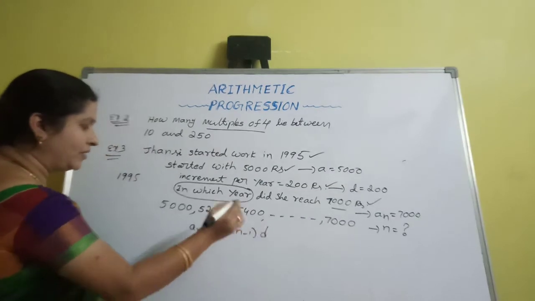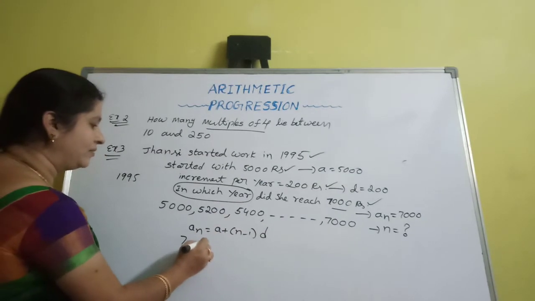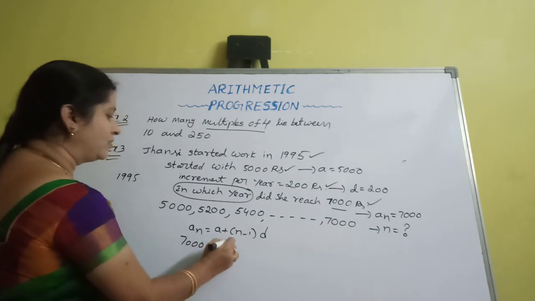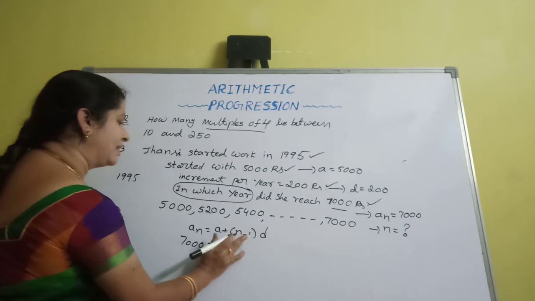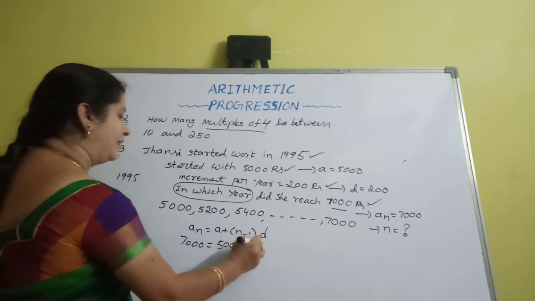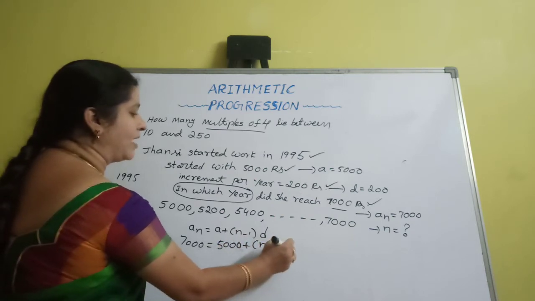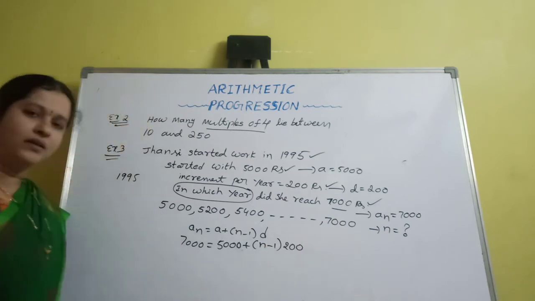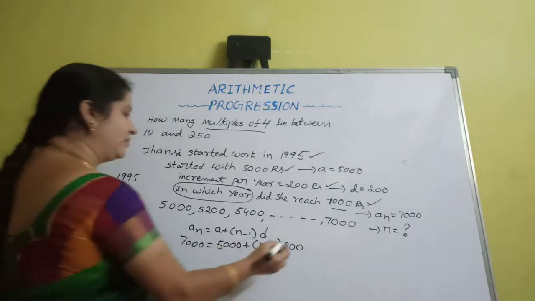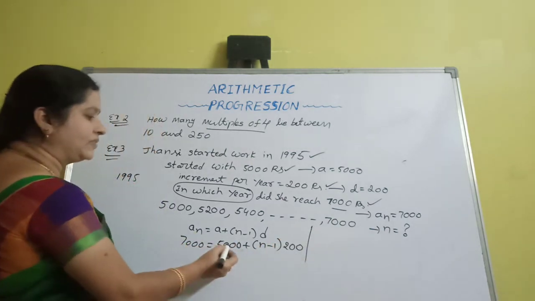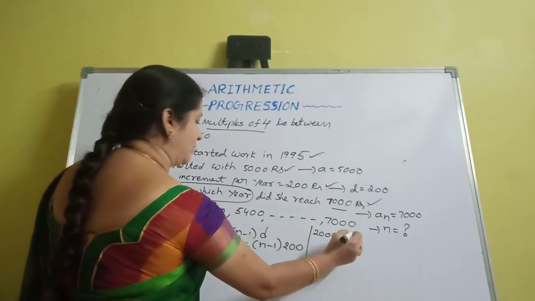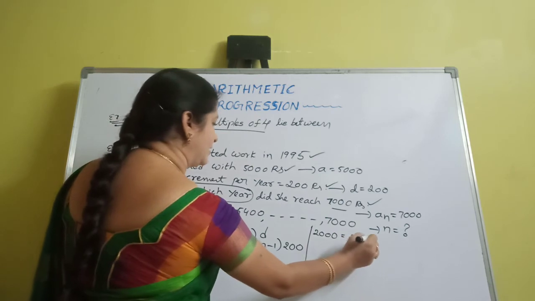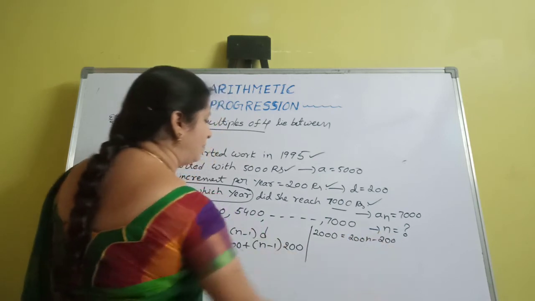So an equal to 7,000 rupees equal to first term 5,000 plus n minus 1 into d value 200. Simplify the equation. 7,000 minus 5,000 is 2,000. So 2,000 equal to 200 into n minus 1, so multiply with 200.